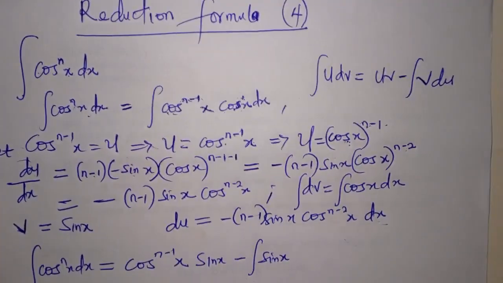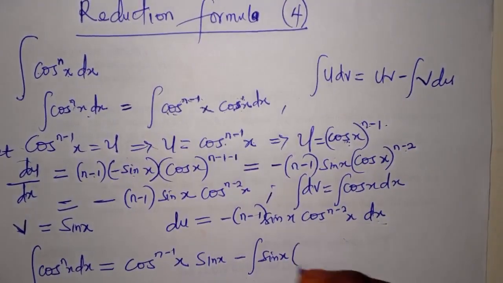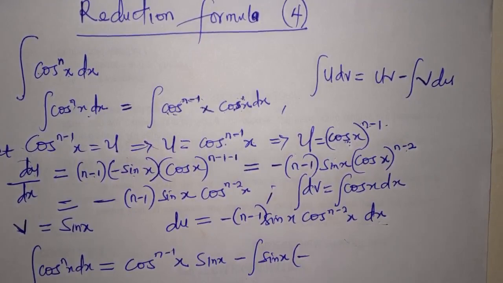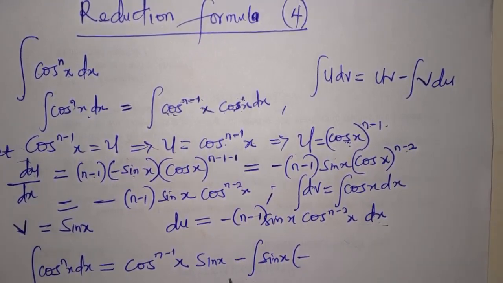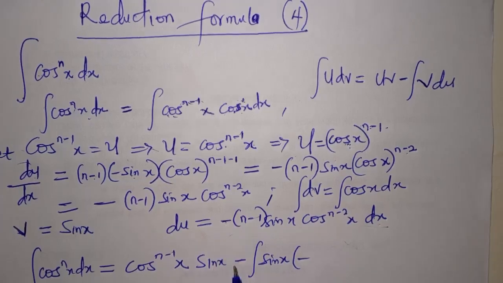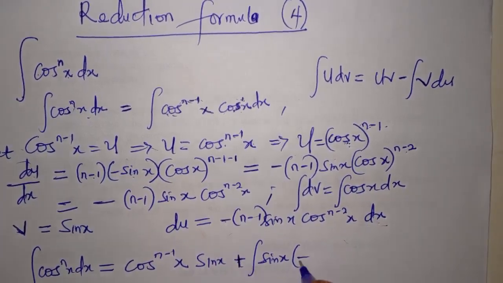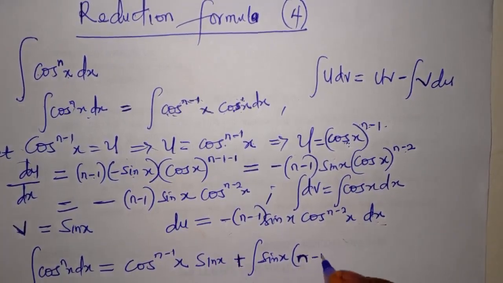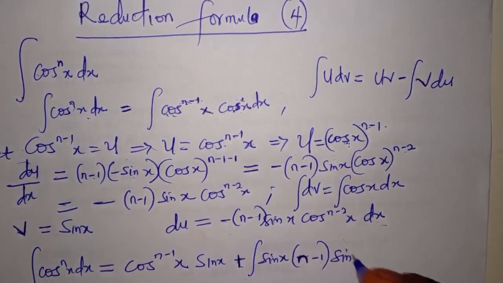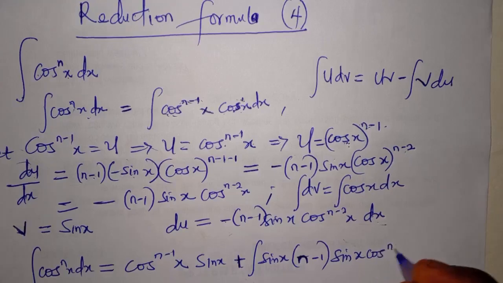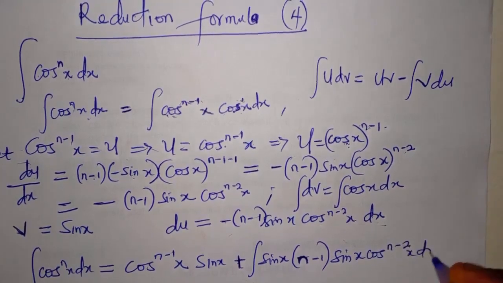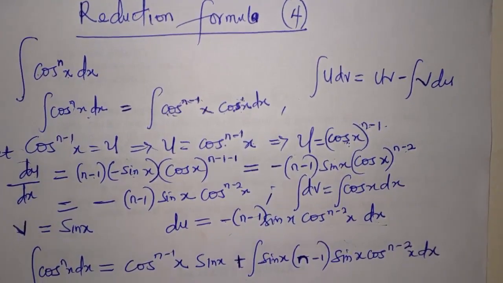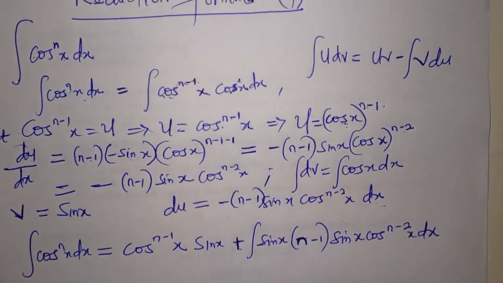So I'm going to write this now in place of du. I'll be writing sin x into minus, and watch, there's a minus here, so to give us a plus, I'll just write (n minus 1) sin x cos^(n-2) x dx.